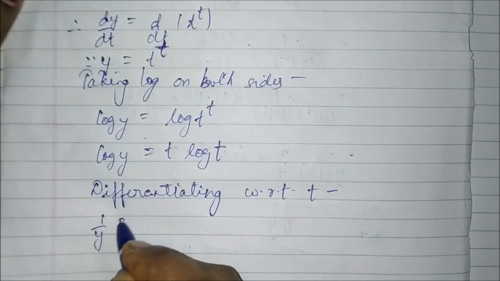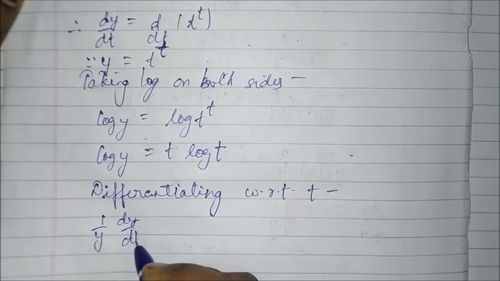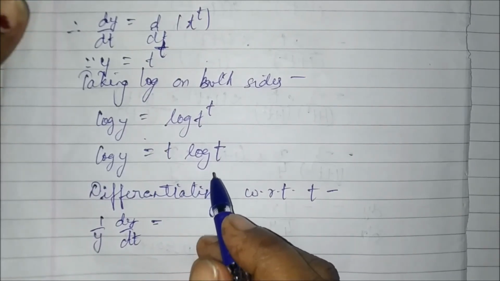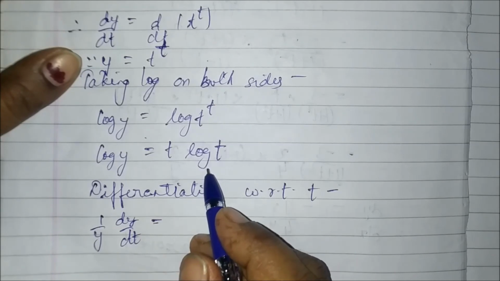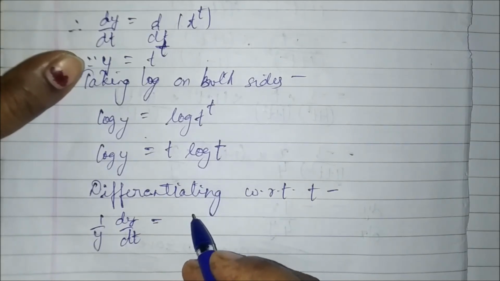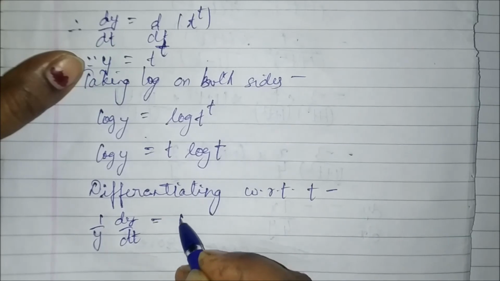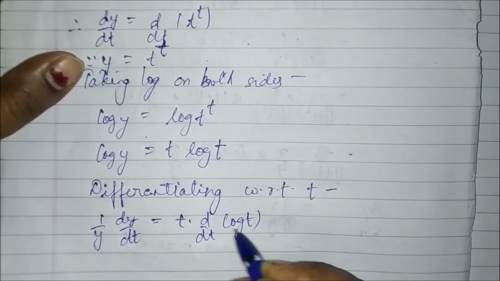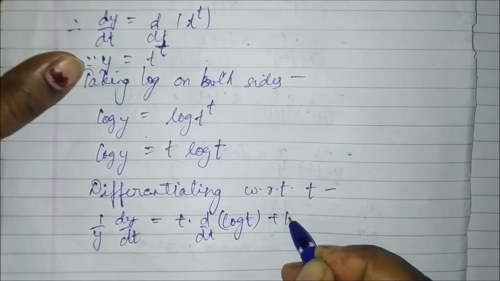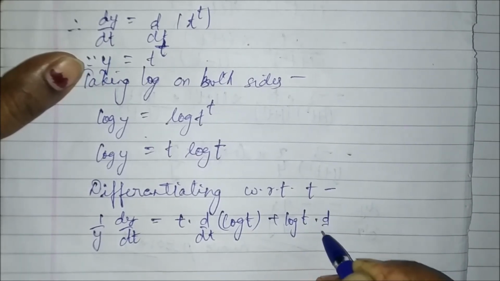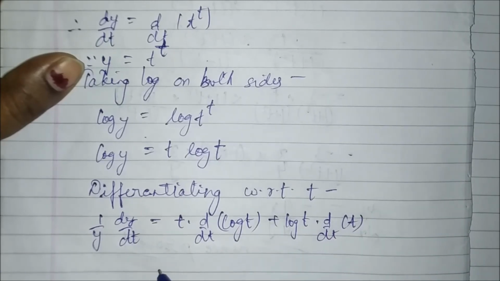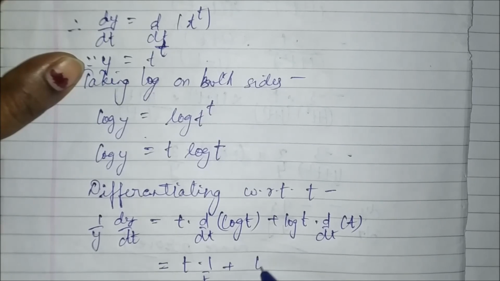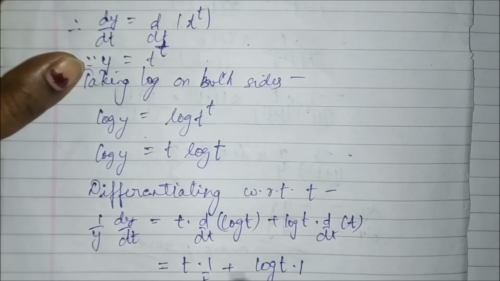1 by y dy by dt is equal to, here it is again t log t, no? So it will differentiate as we have differentiated x, dx by dt. So t into d by dt of log t, applying u into v, and plus log t into d by dt of t. So it will become t into 1 by t plus log t into 1.